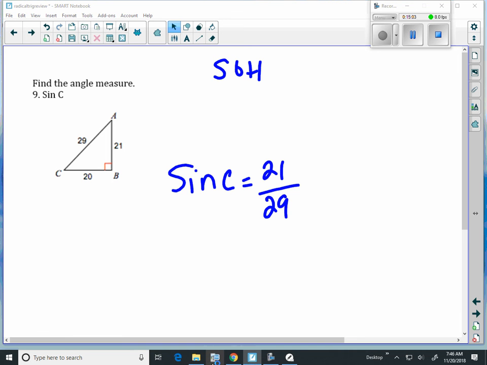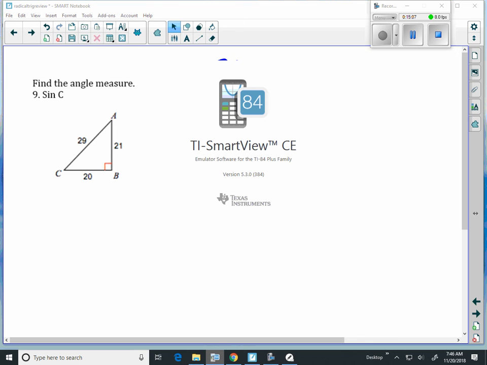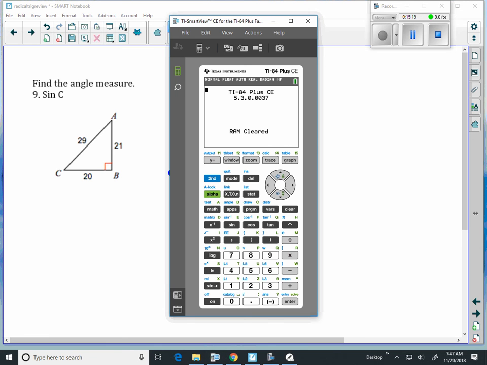So we take our calculator, open that up, turn that on, and we're going to use something called the inverse sine, or sine inverse. And what that looks like, it's right on your calculator. Let's open it up here. If you find right above sine, it says sine to the negative first.